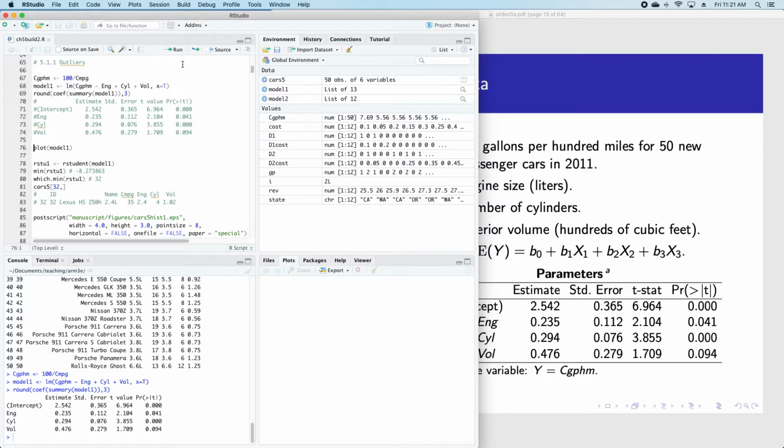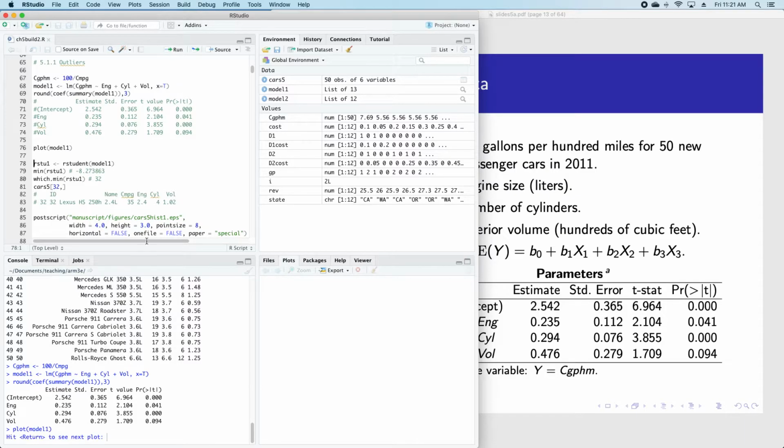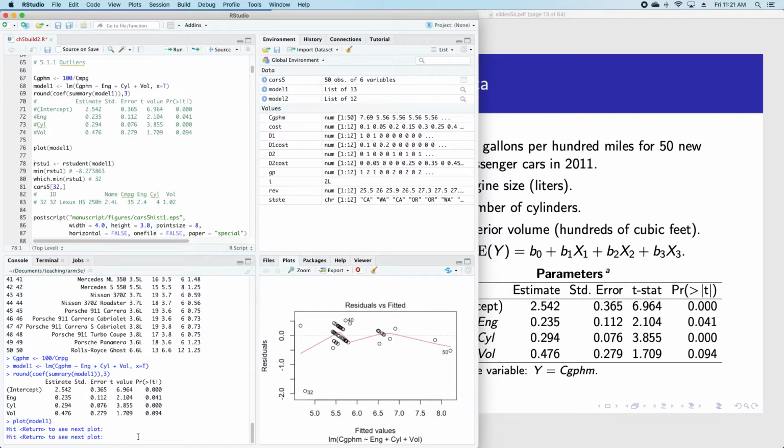But hold on. If we take a look at the residuals from the model, we see something a little bit alarming. This is a plot of residuals on the vertical axis and fitted values from the model on the horizontal axis.